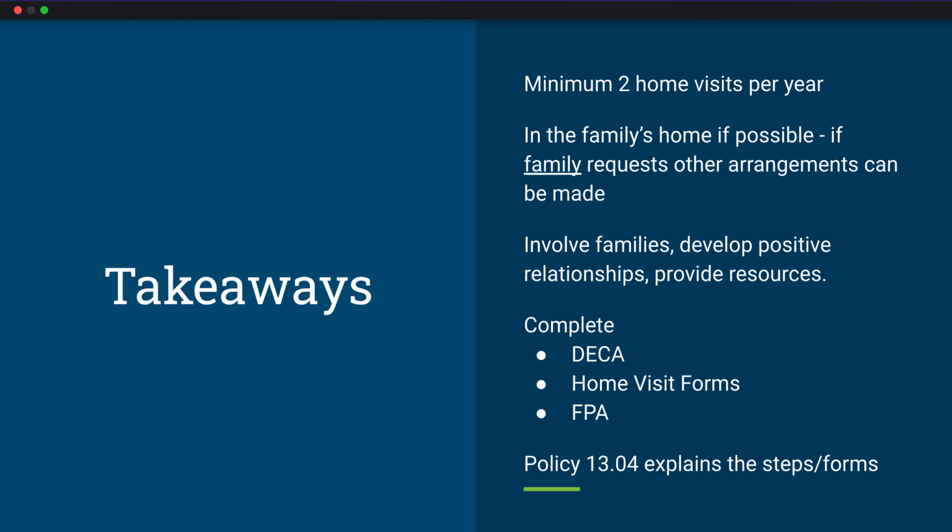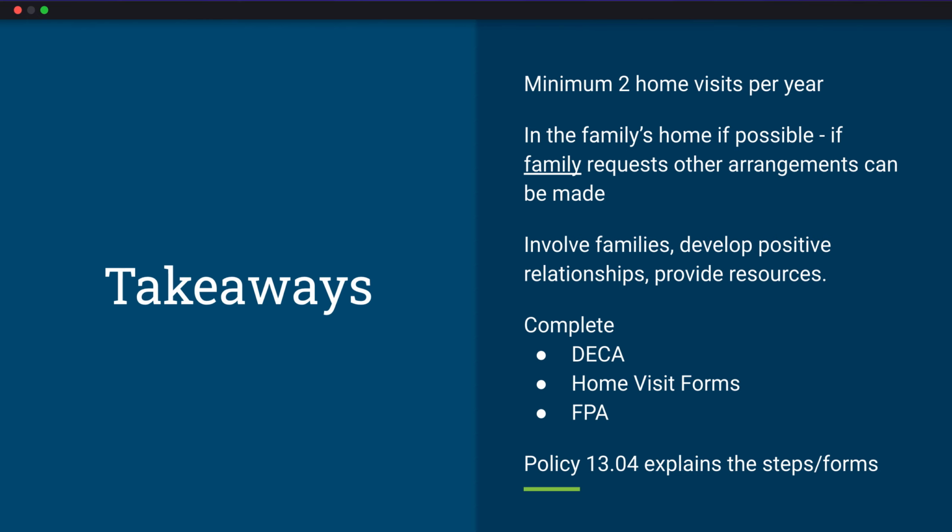During this training, we've discussed that home visits should occur at a minimum of 2 times per year in the family's home if possible. If, however, the family requests other arrangements, those can be made to occur in a neutral location. The intent of home visits is to involve families, develop positive relationships, and provide resources.